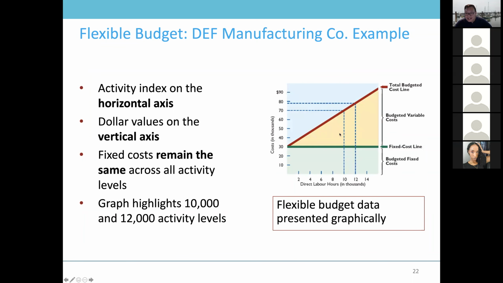So this red line would be the total budget cost line. This green area is the budgeted fixed cost, and the yellow area is the budgeted variable cost. So the red line is actually the total budget cost, right?